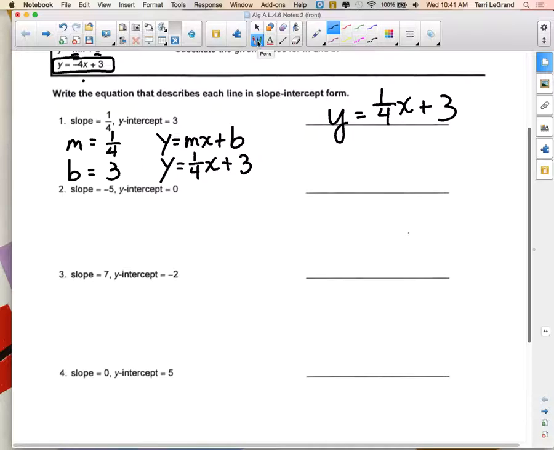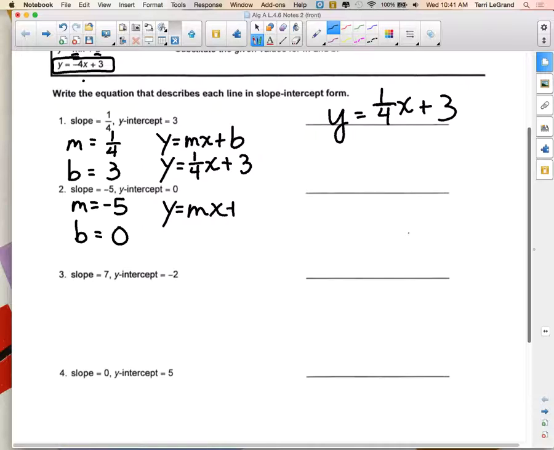Okay, let's do this one. What are we going to call m? What's m? -5. What's b? 0. What do we write next, Seth? You do, that's right.